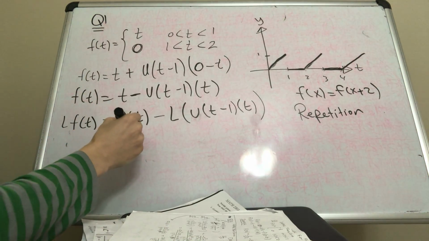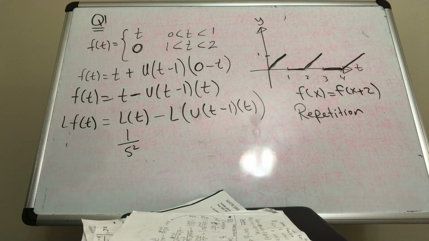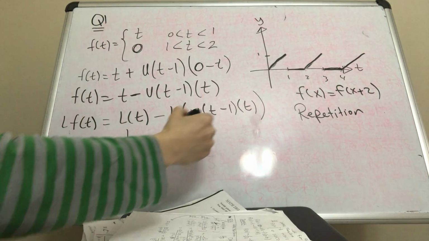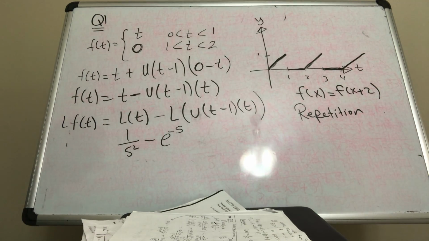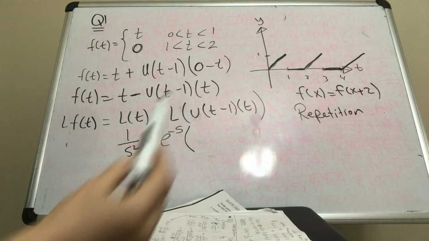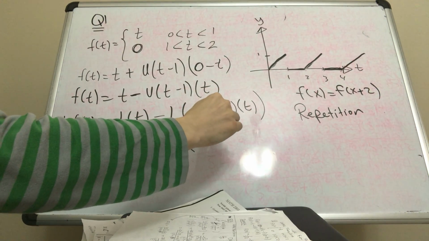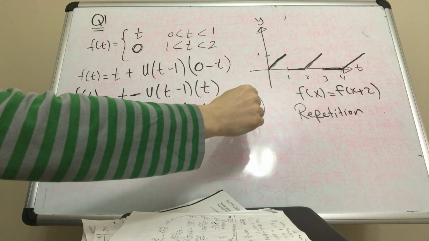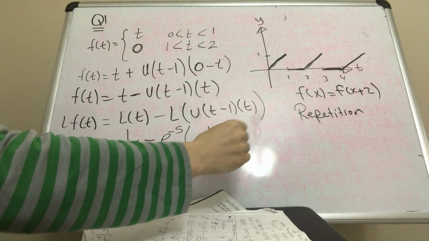So this one is 1 over s squared. For the unit, you basically say e to the minus s. So now you took care of the unit t minus 1, e to the minus s. The t by itself, we know it's 1 over s squared.